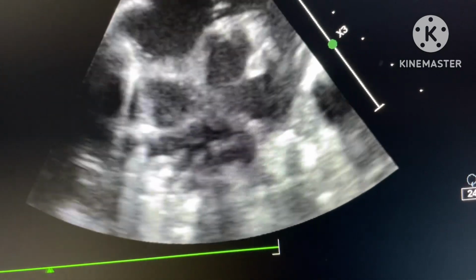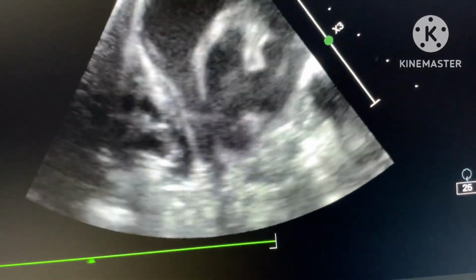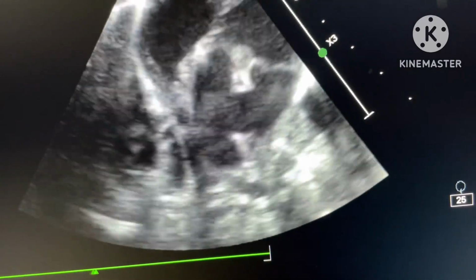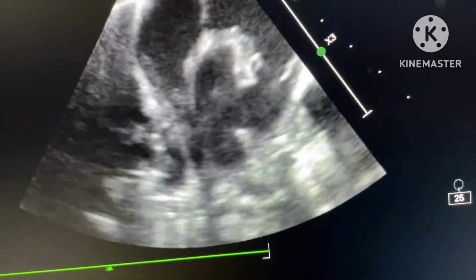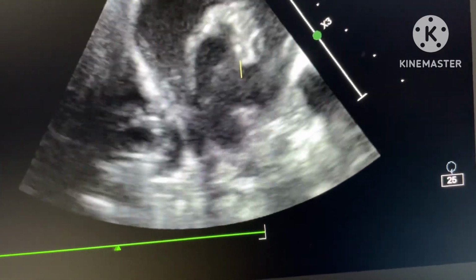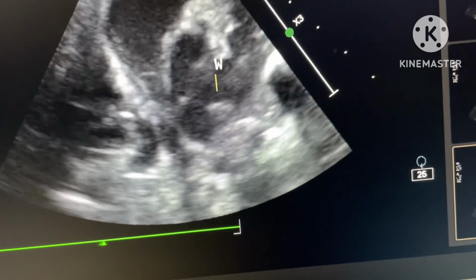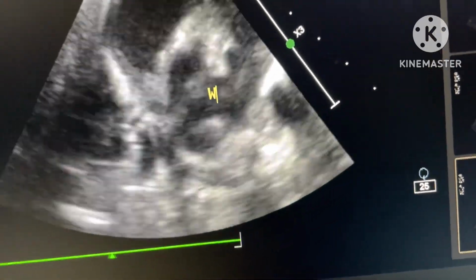Again you see the same thing. Aortopulmonary window. This is window. This is window.